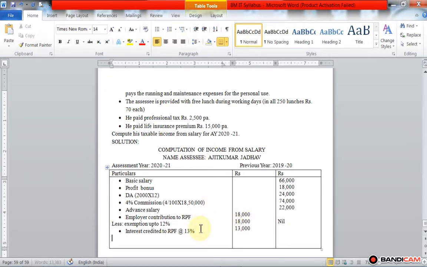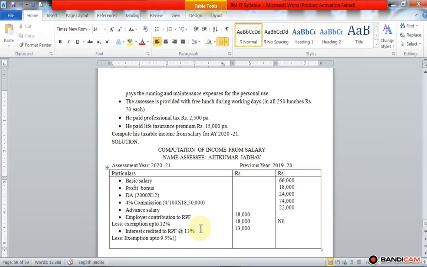Less exemption up to 9.5%. So here compute the 9.5% exemption.